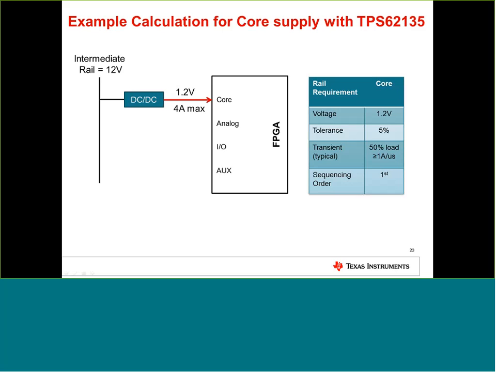Since this is a high VIN device, I choose an intermediate rail of 12 volt. So we need a DC-DC converter from 12 volt down to 1.2 volt, which can support 4 amp max. And this is possible with the 62135 device.